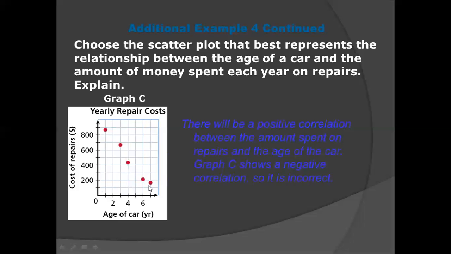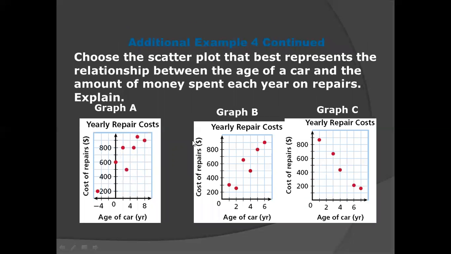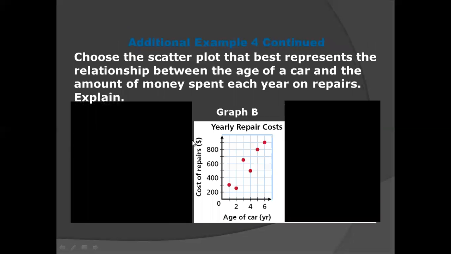Let's see graph C. There will be a positive correlation between the amount spent on repairs and the age of the car. But graph C shows a negative correlation, so it's not correct. So the answer is graph B.